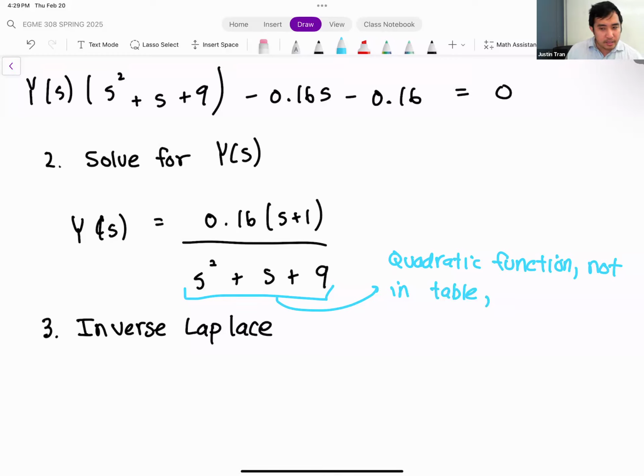Since this is not a product of s times something else, it is also something we can't factor, and also we cannot decompose. So we need to do something to get it into a good form. Usually when you have a quadratic function like this in the denominator, the way to get it into a form that matches the table is to complete the square on the bottom.